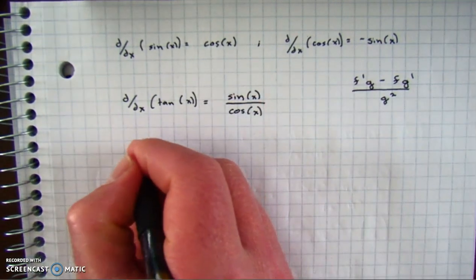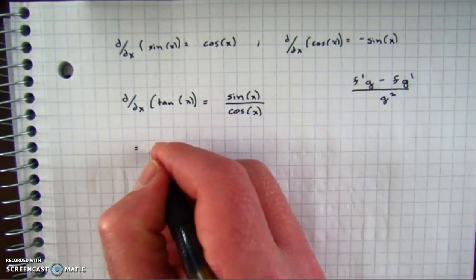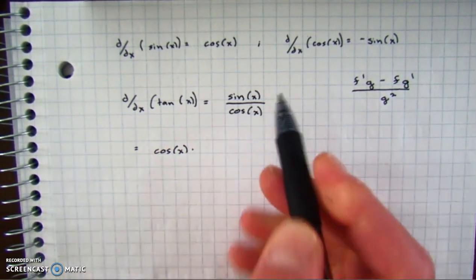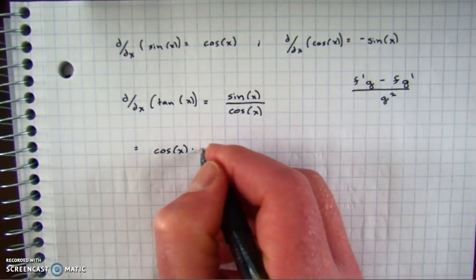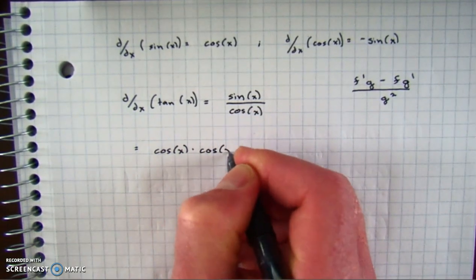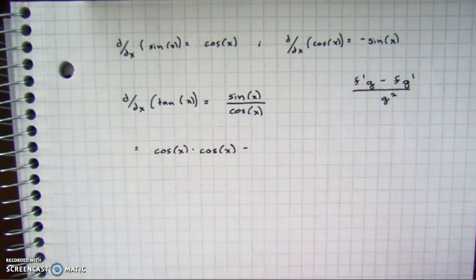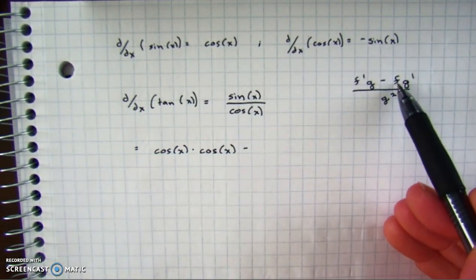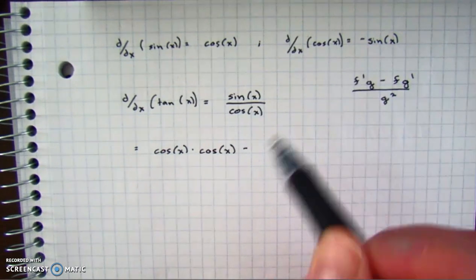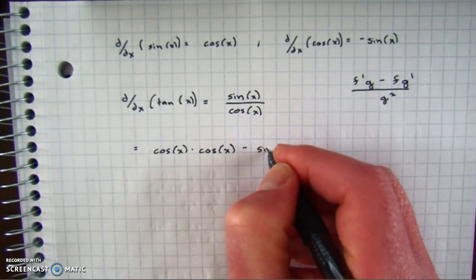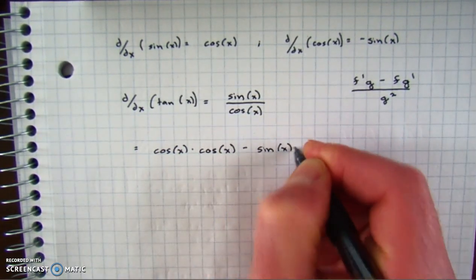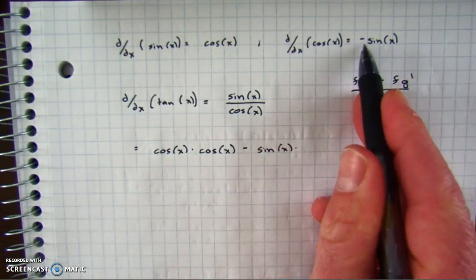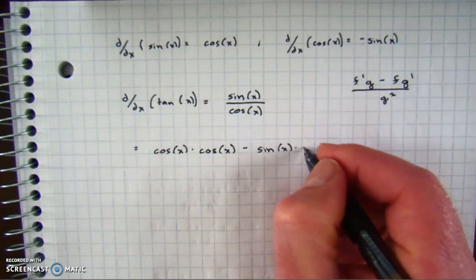So I'm going to rewrite this then as cosine of x times just regular old cosine of x, minus, then we've got just our function, which is f, so that's sine of x, times the derivative of g, so the derivative of cosine, well, that goes to negative sine.